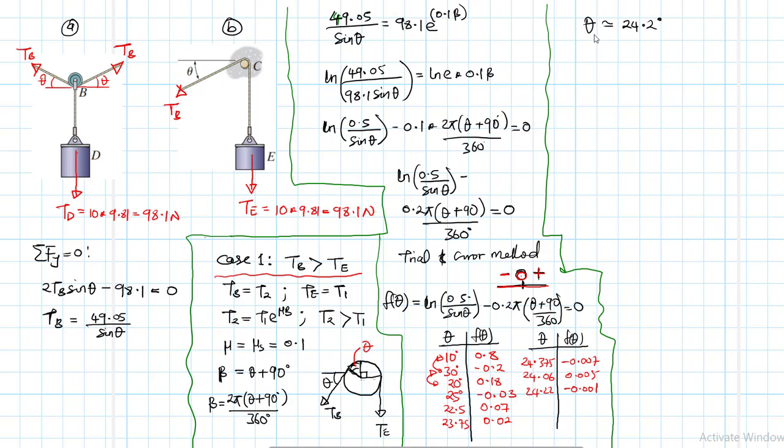Okay, mind you, we are just on case 1. This is on case 1 where we assumed that TB was greater than TE. Okay, so we move on to case 2.